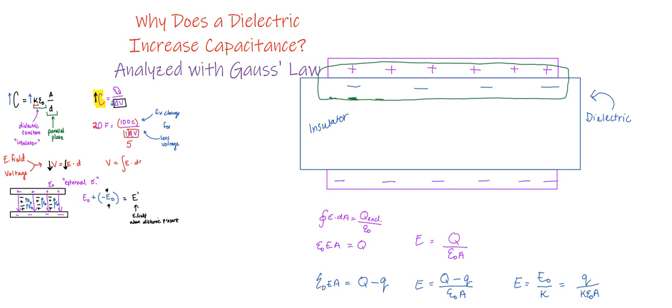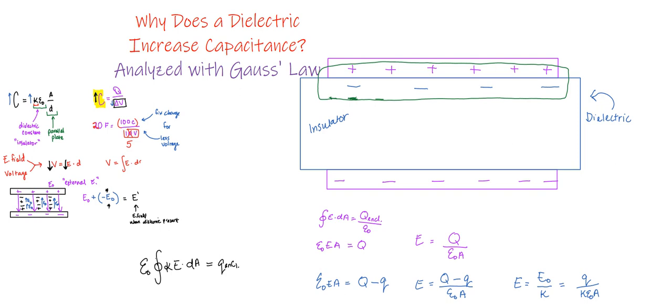So if you want to write Gauss's law for something that has a dielectric involved, what we would need to do is say epsilon naught times the integral of kappa E dot dA, where I'm adding in the dielectric constant, and this is going to equal the amount of enclosed charge.